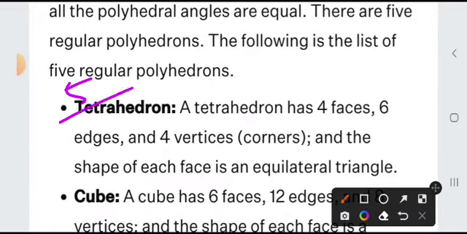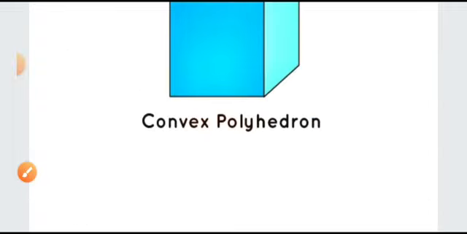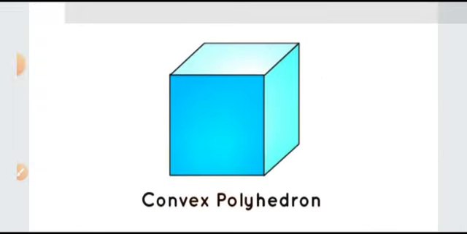Now, the cube. A cube is also a regular polyhedron. You are well acquainted with the shape of a cube. This is a cube, and all the faces are squares, and you know that squares are regular polygons. At each vertex, three squares meet.